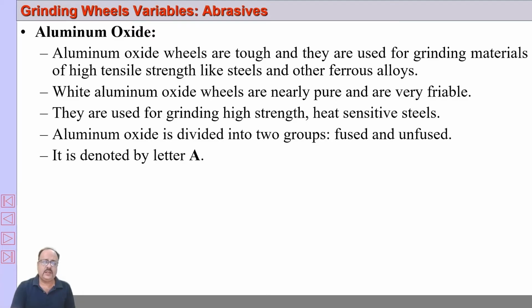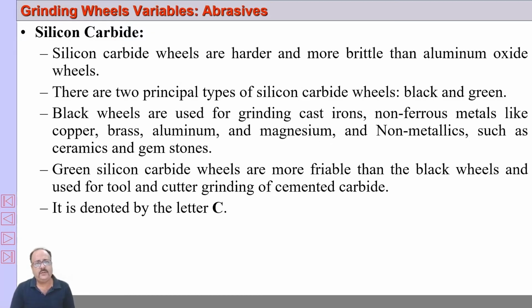Aluminum oxide is followed by silicon carbide, which is denoted by the capital letter C. Silicon carbide is harder than aluminum oxide, and is available in two colors depending on factors like purity: black and green.